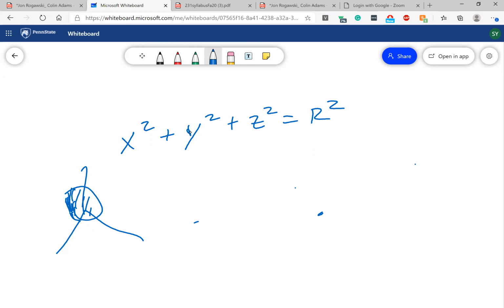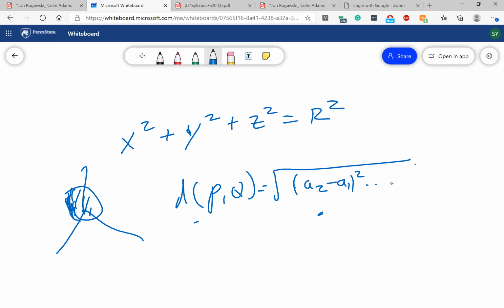Now, the reason that you get this equation is, again, the Pythagorean theorem. You want to find all the points x, y, and z such that they're r squared distance away from the origin. So it actually comes from the distance formula that we just wrote out, that the distance between P and Q is equal to the square root of A2 minus A1 squared, and so on.